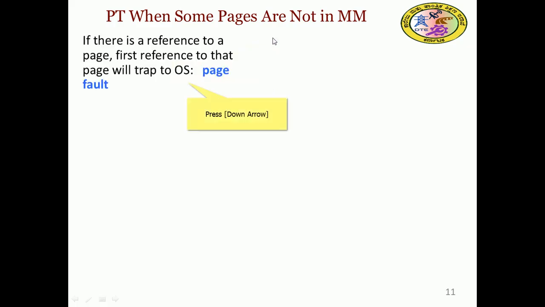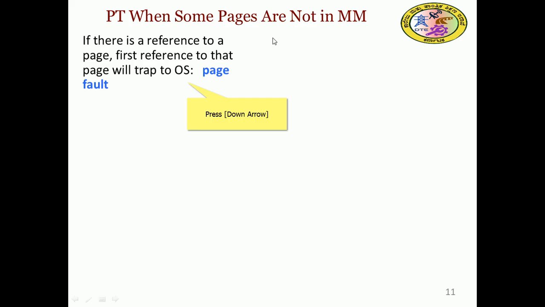If there is a reference to a page, the first reference to that page will trap to the operating system; that is a page fault.